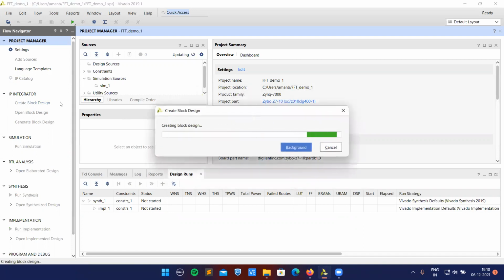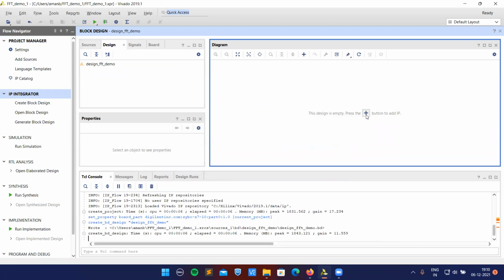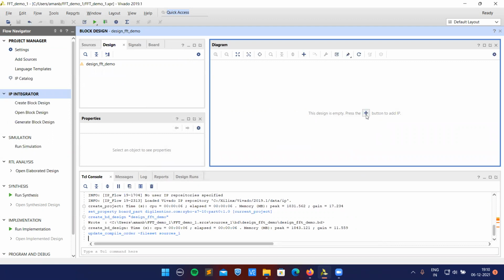So we are creating the block design, and I have named the block design design_FFT_demo. We'll start by adding the Zynq processing system.